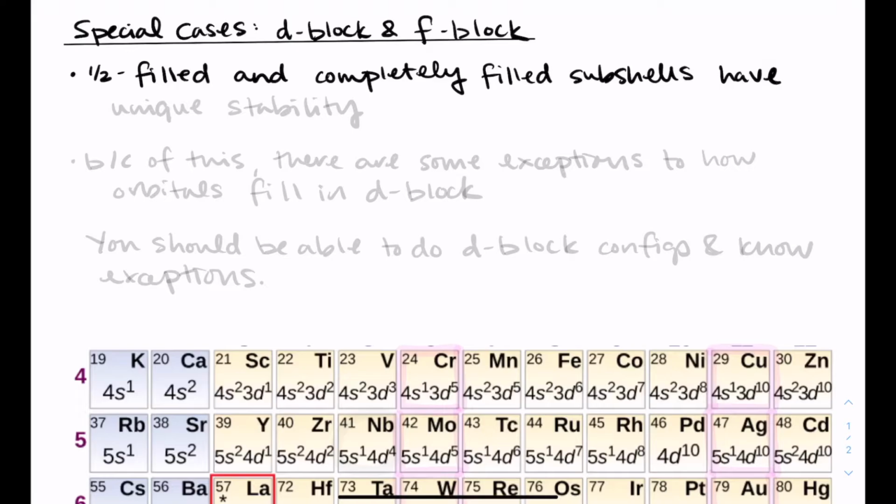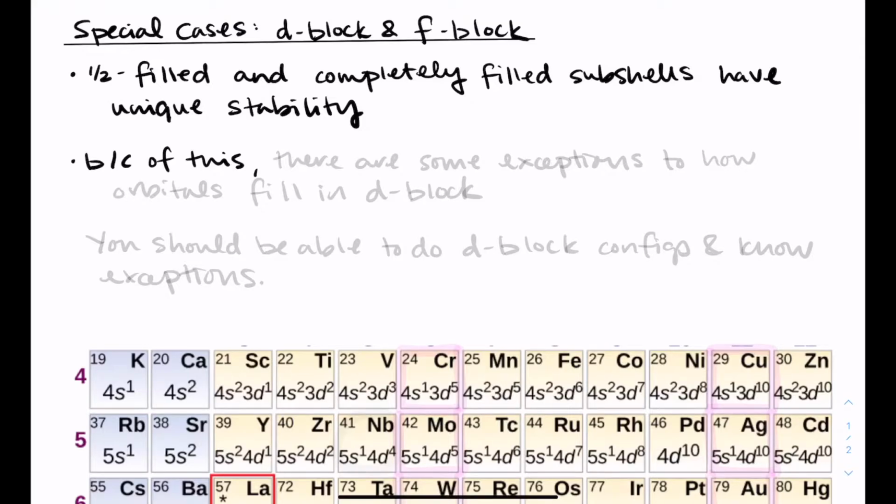Because of this half-filled or completely filled stability, we end up with some exceptions to how the electrons go into orbitals when we're in the D block and when we're in the F block. The great news is that most of these are published, and I am only going to ask you to know a few exceptions.